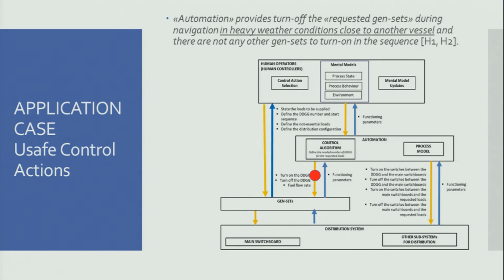Automation provides turn off of the requested gensets during navigation in heavy weather conditions close to another vessel, and there are not any other gensets to turn on in the sequence. And then, of course, we are going to lose propulsion, and we are going to lose generation for the hotel services. It means that the ship is at dead ship condition, and this is due to the fact that automation decided to shut down the diesel generators.